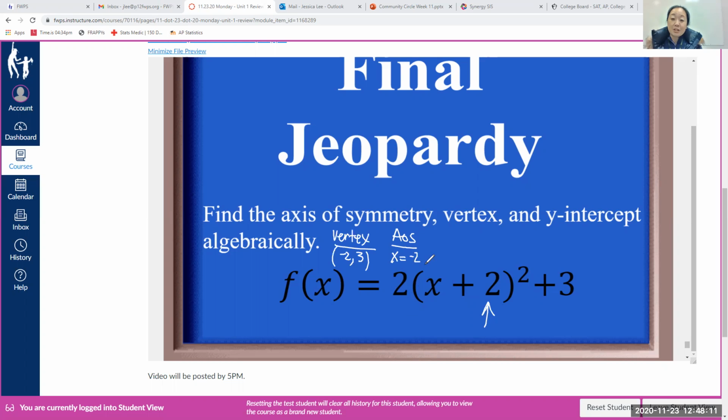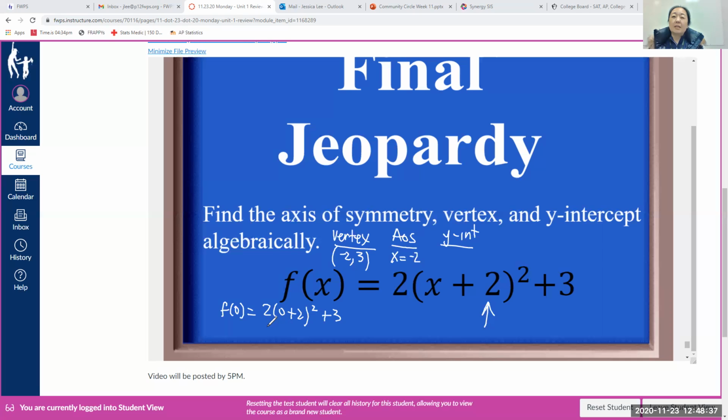And that's an equation because it's a line. A line is represented by an equation. All right, and then our y-intercept, remember, is not 3. It doesn't work like that. If it was in standard form, then it would be, but it's not. So we're going to have to do some work. We're going to plug in 0 for x. So 2 times (0 plus 2) squared plus 3.